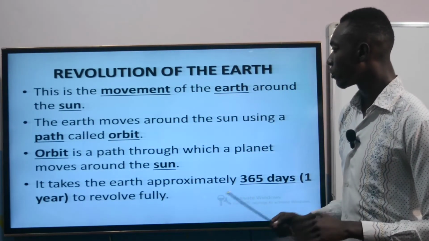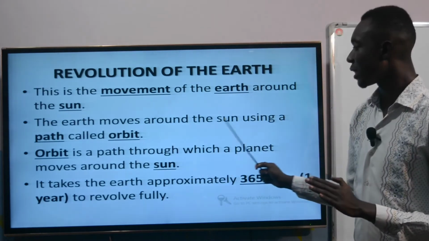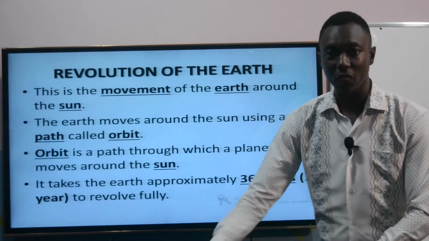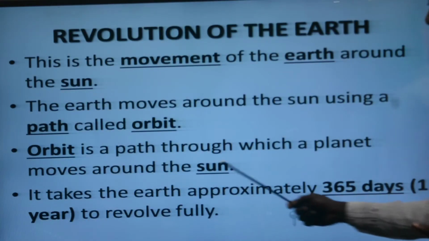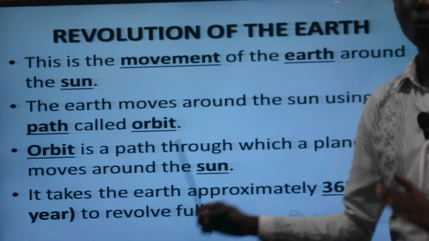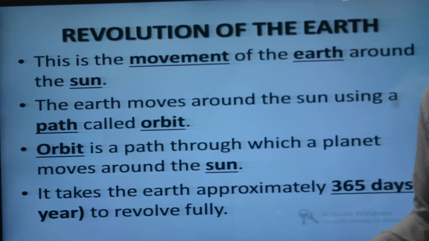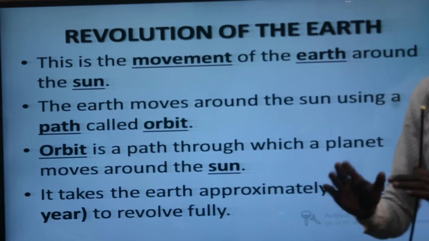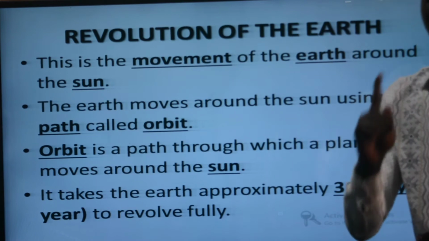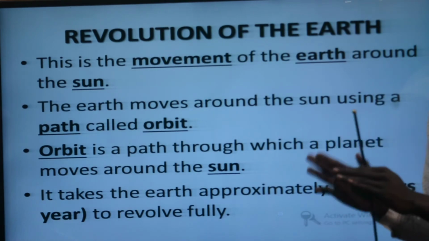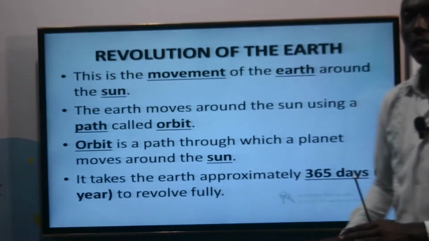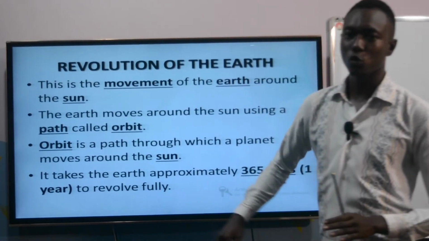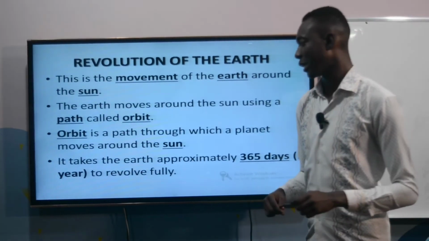How does it move? The earth moves around the sun using a path called orbit. Orbit is a path through which a planet moves around the sun. Mind you, this orbit cannot be seen with our naked eye, yet it is assumed that there is a path through which each planet moves when it wants to revolve around the sun.